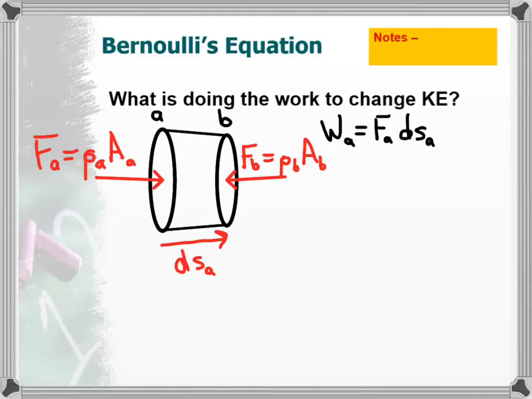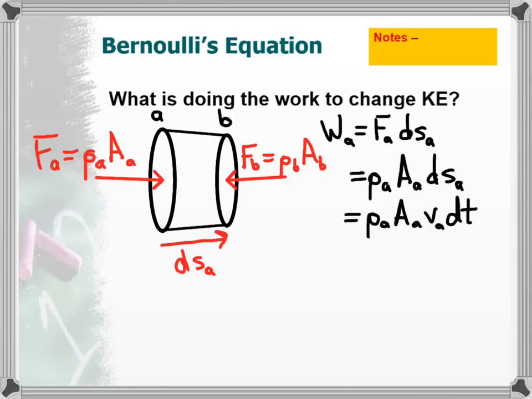So we can write force times displacement. That force is equal to pressure times that cross-sectional area A. But this distance ds, we can write as the velocity of the fluid times some little time element dt. So the work done by this force is equal to the pressure of the fluid on this side of the fluid element, times this area A, times the velocity of the fluid at this point, times dt.